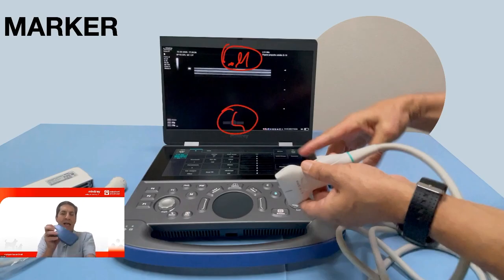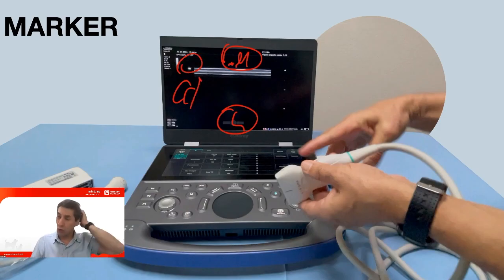But if I put my marker facing laterally, or cranial, this will be cranial. But if I put my probe in the opposite direction, this can be caudal and not cranial.